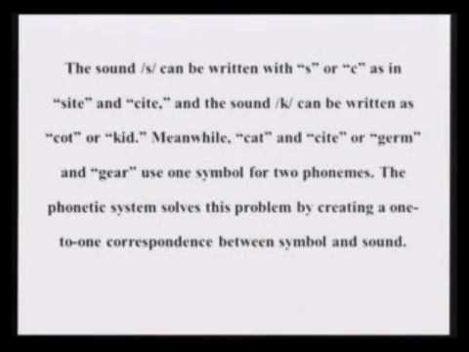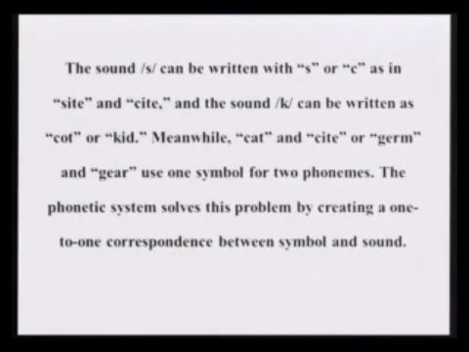Meanwhile, cat and sight or germ and gear شوف بقى cat فيها سي وسايت فيها سي، انما واحدة بتتنطق ك والتانية بتتنطق س. طيب germ بتتكتب بالجي وجيا بتتكتب بالجي، لكن دي بتتنطق ج ودي بتتنطق ج. They use one symbol for two phonemes. يبقى الفونيم احنا بنسويه بايه؟ بساوند.